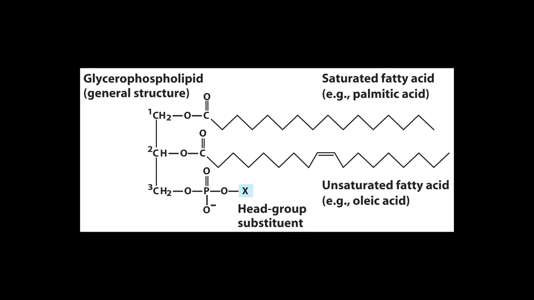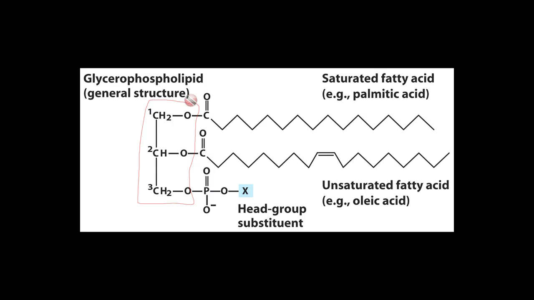So here is a typical or general structure of a glycerophospholipid. So just to point out, all glycerophospholipids will have glycerol as its backbone. Alright, so that's why we call it a glycerophospholipid. Now, this here is your glycerol molecule.